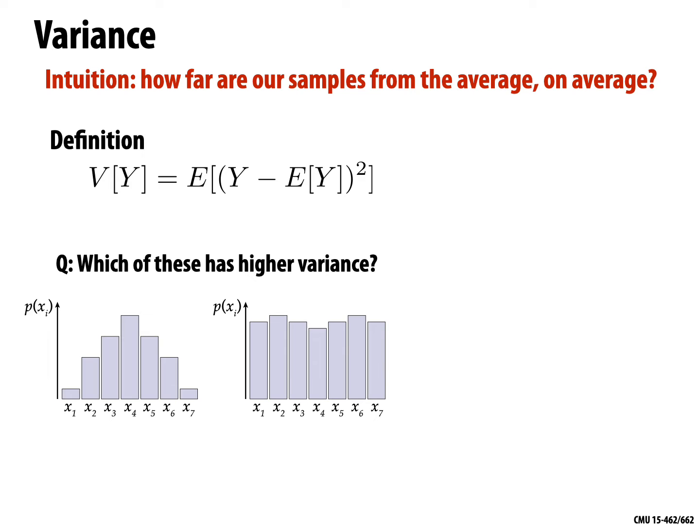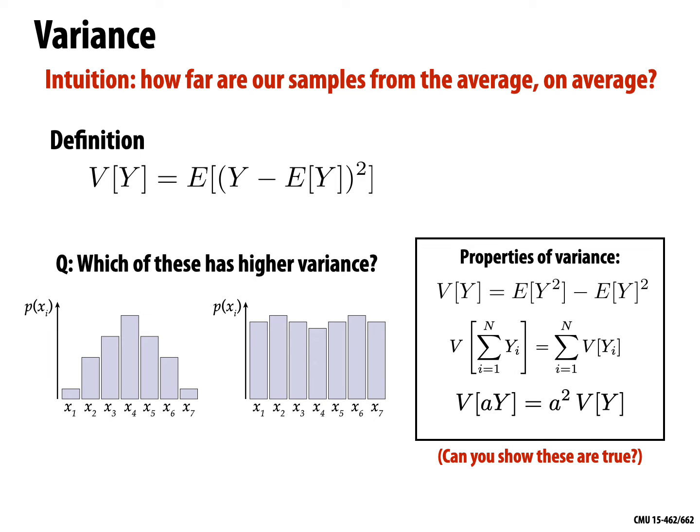On the other hand, in the example on the right, the probabilities are nearly uniform. So the values that are coming up are spread out all over the place. And so on average, they're going to be far from their average. So the random variable on the right has higher variance. Okay?